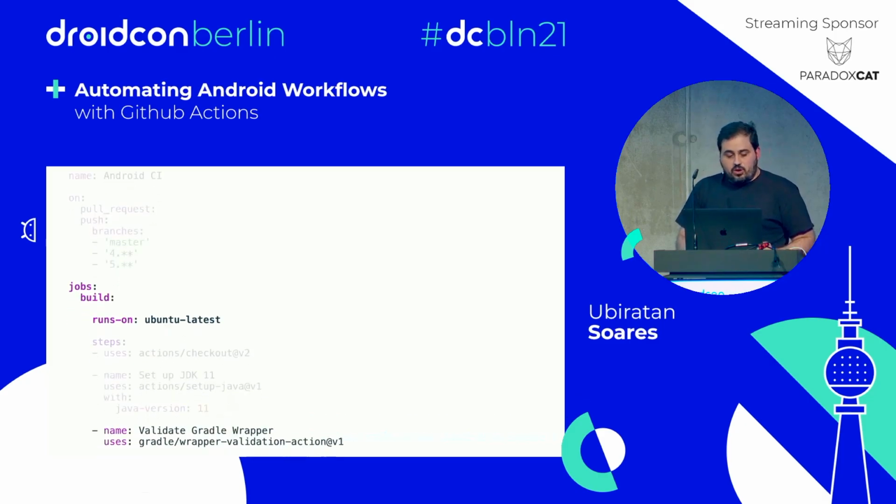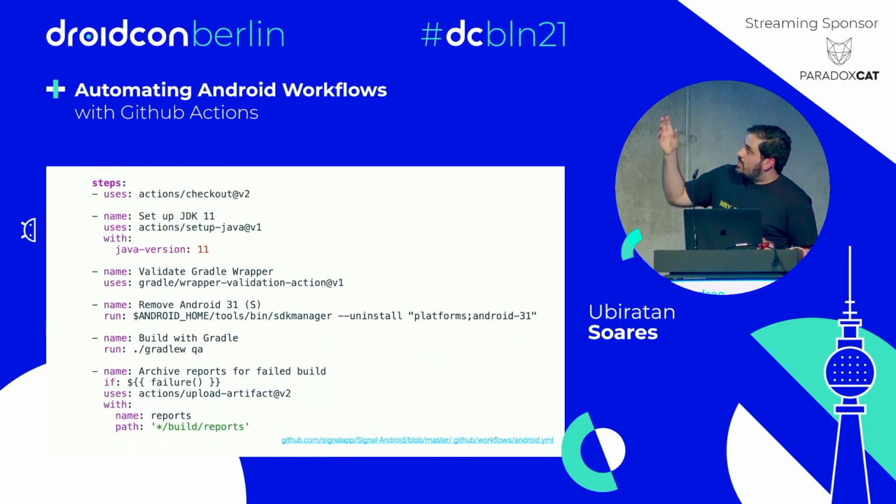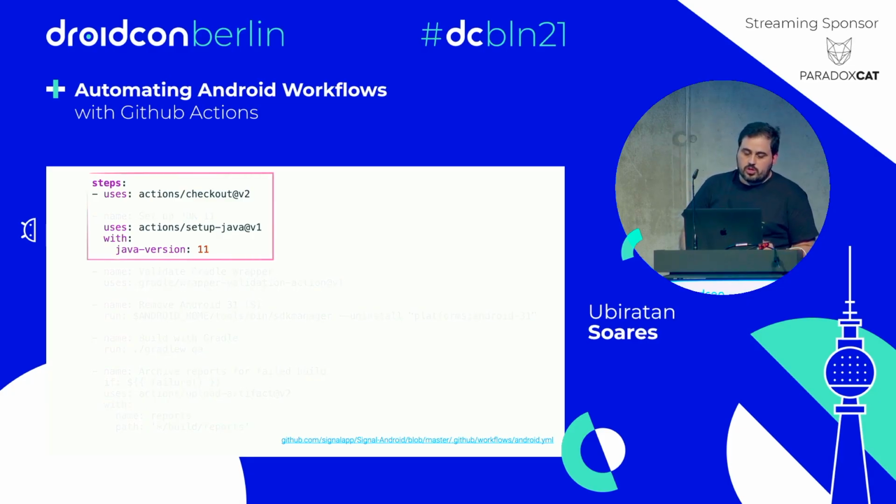Our job is a collection of steps, and when we go to the detail of such steps, we can see that first thing they will do is check out the source code in the runner machine, and this checkout is actually done by one custom GitHub action provided by GitHub itself. Every single time that you see an action that uses this type of coordinates, actions/something, that particular actions organization belongs to GitHub.